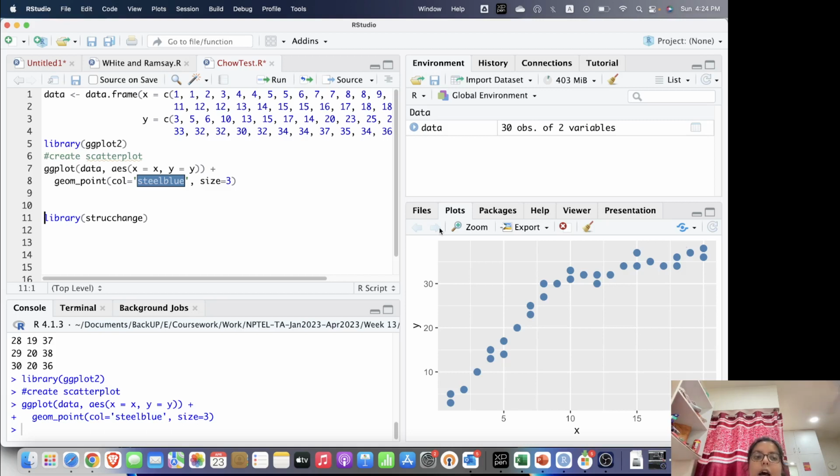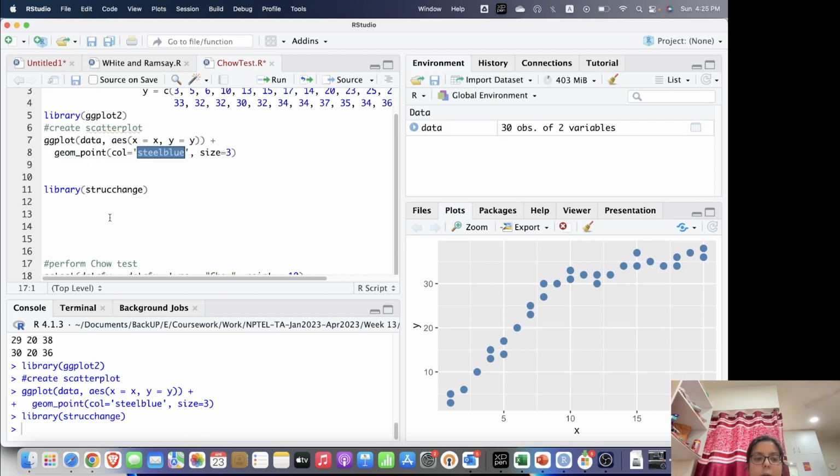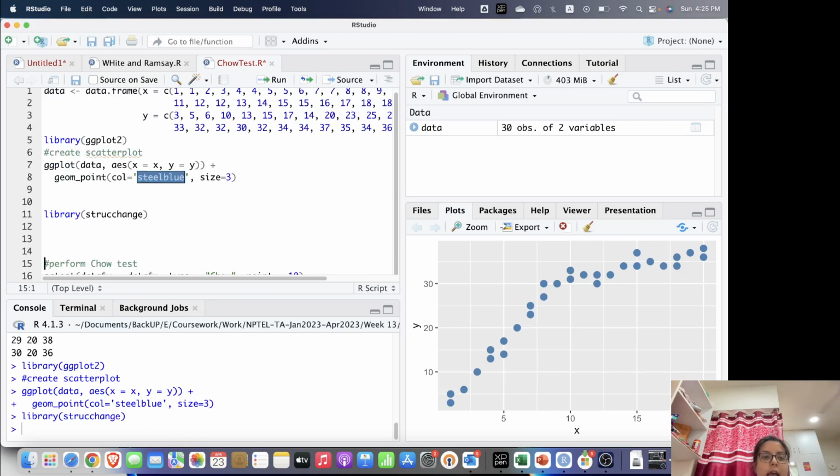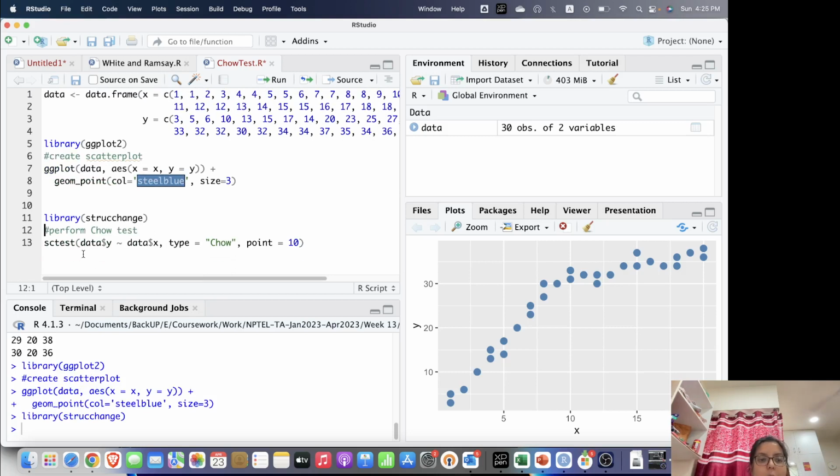Okay, now what we are going to do is that first of all we are going to load this library strucchange, because this contains that Chow test. So if I load it, this is already loaded, and then I perform this thing. So I have to use this command sctest where I'm going to plot this data.